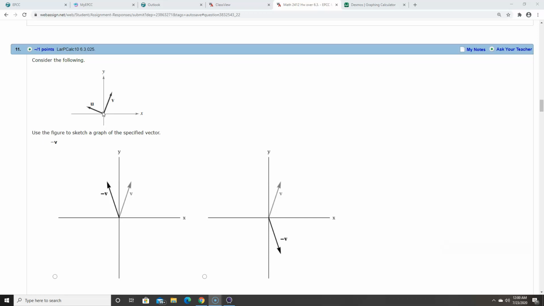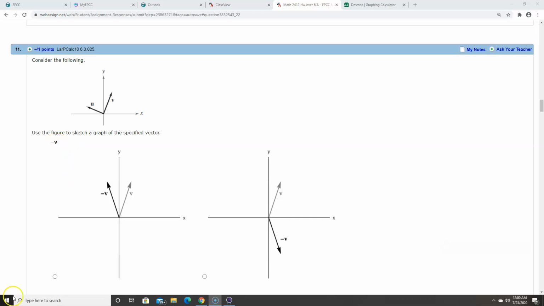So the direction of u is this way. They don't tell us what the horizontal component and the vertical component are, but they just show us basically what it is. And the same with v. Now from that, sketch whatever this other new vector here is. So this one says negative vector v.